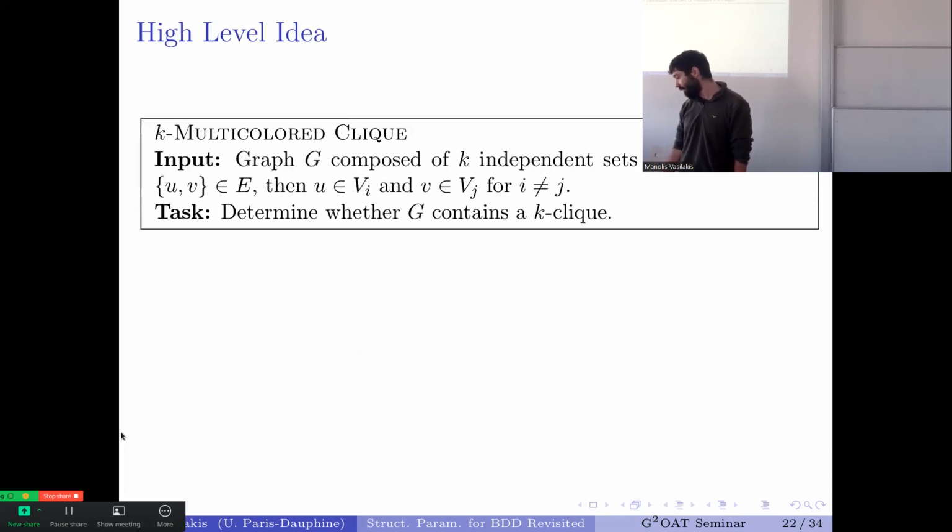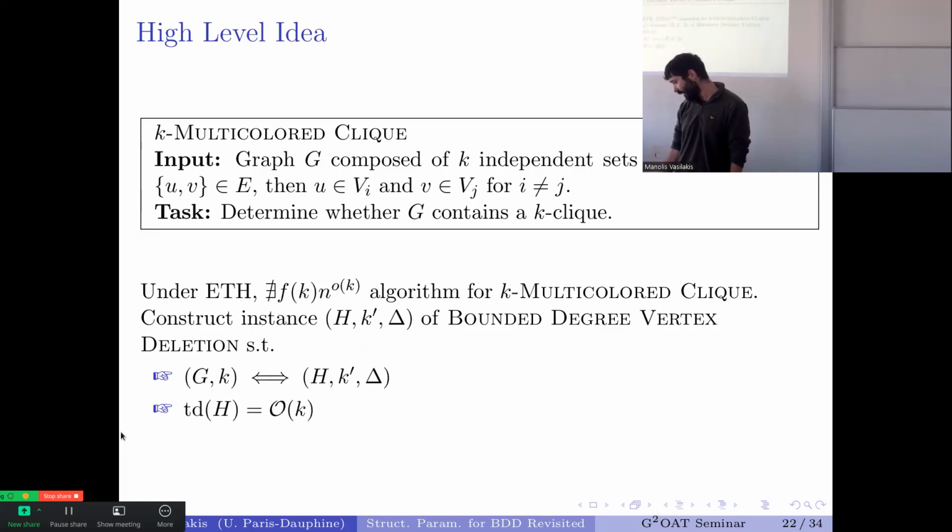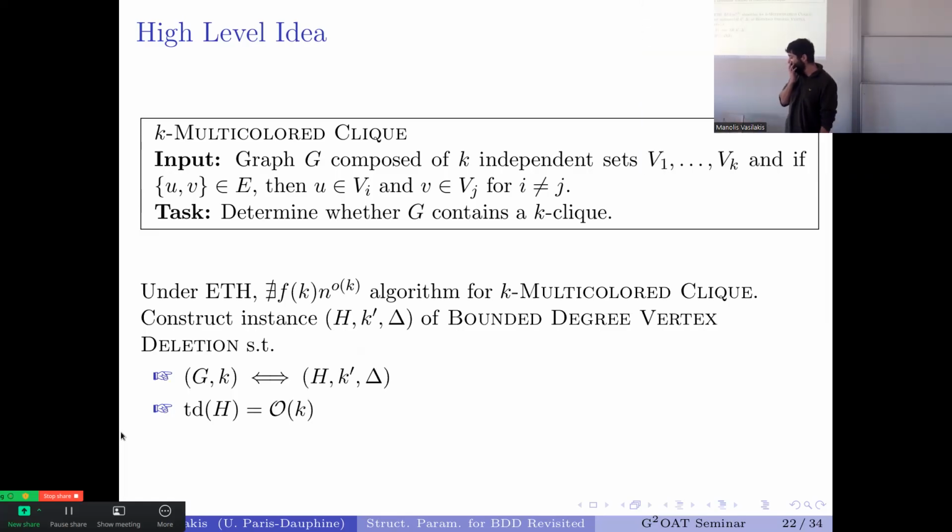And the high-level idea is again, as usual, we reduce from the K multicolor clique problem. And we know that under ETH, this does not have such an algorithm. We will construct an instance on a graph H with some budget K prime and a degree delta of our problem, such that the two instances are equivalent.